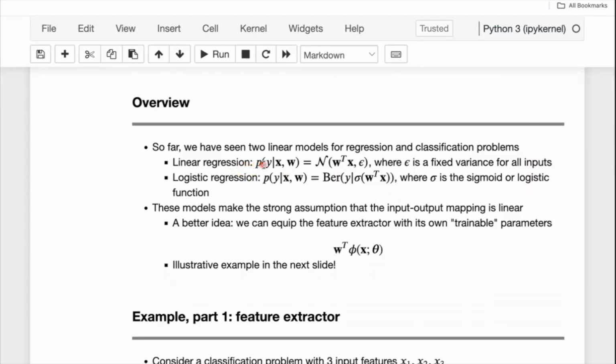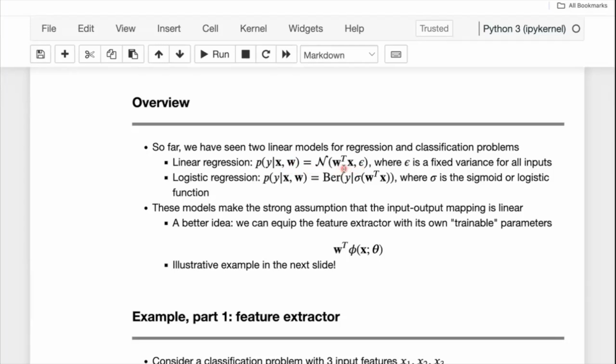We have seen so far two linear models, one for regression and one for classification problems. In the case of regression, because the output is a continuous real-valued number, we assume that the probability of the output given input features, where x is a vector that contains all input features, and the weight vector or the parameters w, comes from a normal distribution with this mean and variance.